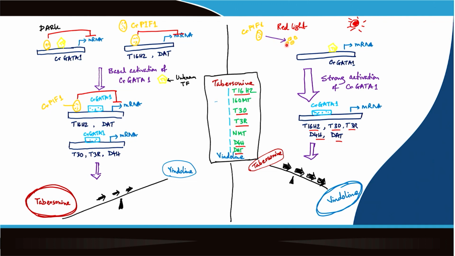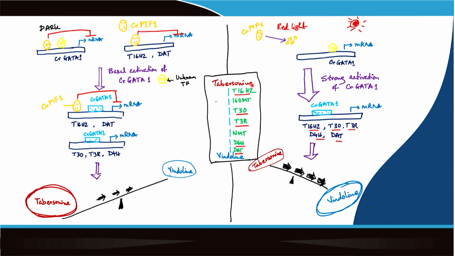As a result of that, there will be de-repression, that means activation of CrGATA1, and there this unknown transcription factor may play a positive role. So, de-repression of CrGATA1 results in the activation of the Vindolin pathway. That means CrGATA1 binds properly, and all the mRNA for these subsequent genes will be transcribed, and as a result, Vindolin accumulates.